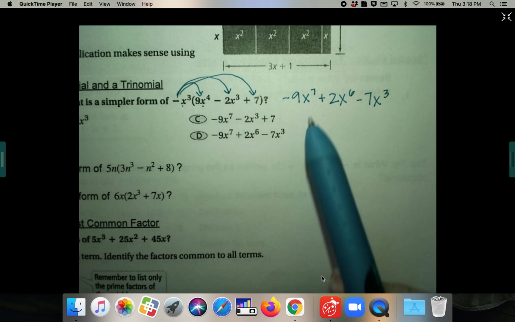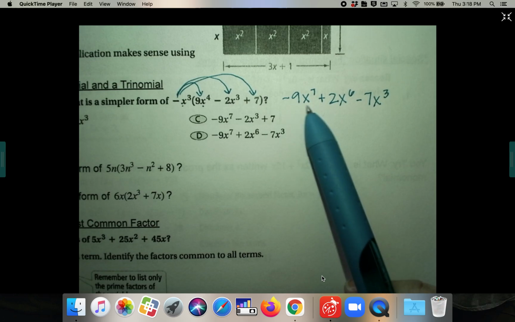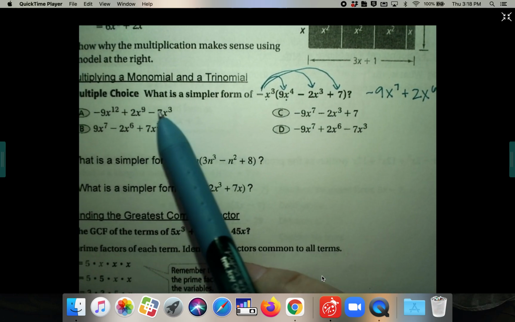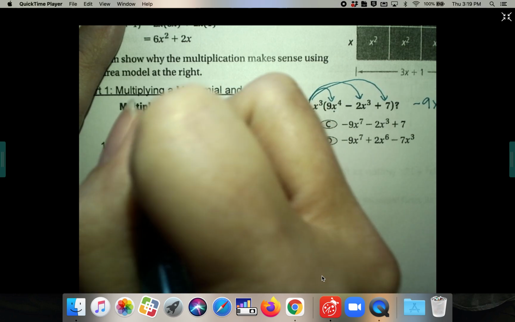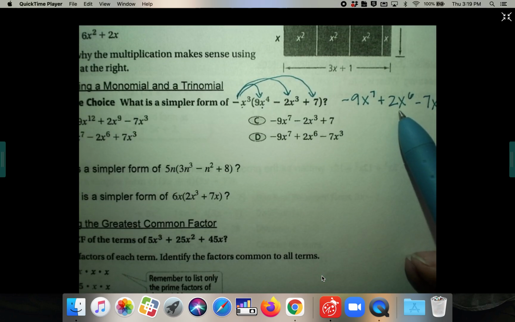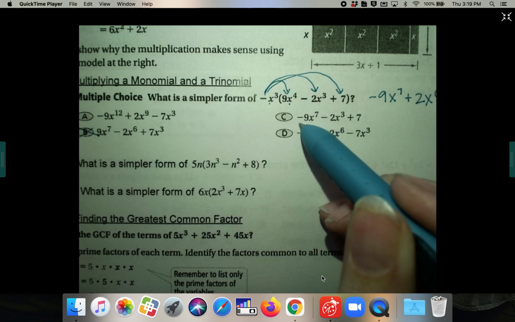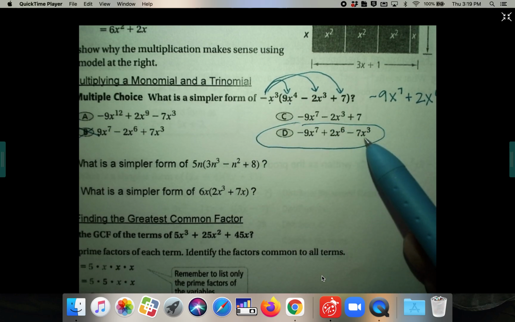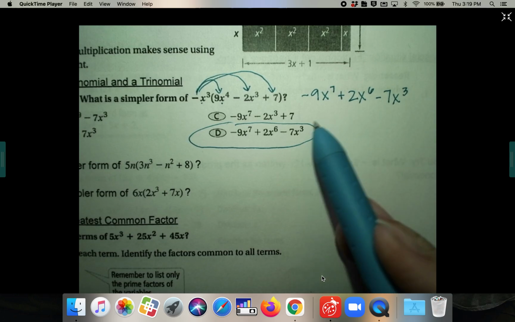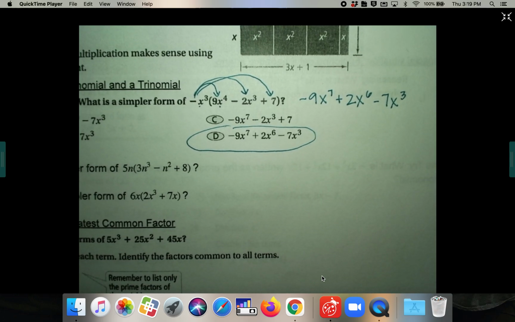So the final correct answer should be negative 9x to the 7th, which several of these are, but not b, plus 2x to the 6th, which is only d. So let's double check that the rest is correct. Minus 7x to the third, yes. Okay, so D is the answer there.